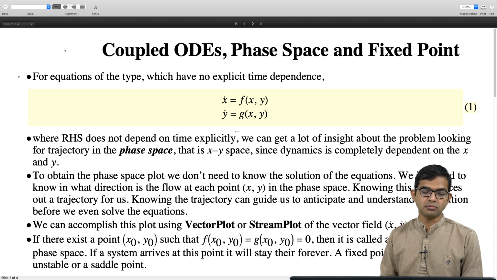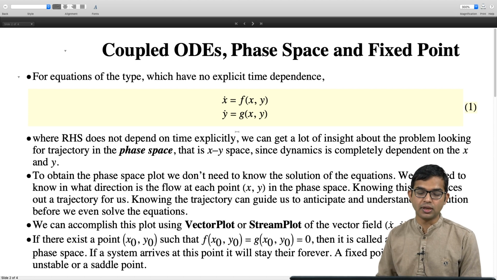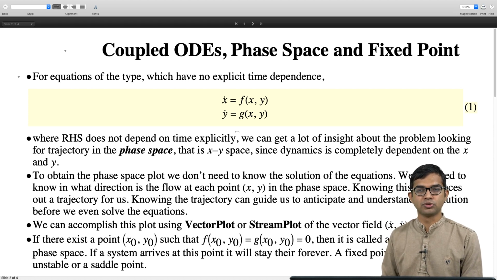We want to develop this phase space picture, where we take any point in the xy plane and ask what the point is doing there and where it is headed next. Suppose your system were caught at some time t at some point x, y. What the time is doesn't really matter, because you're considering a system where the velocities are determined only by where you are.